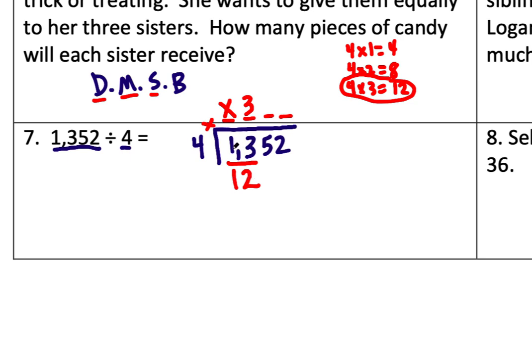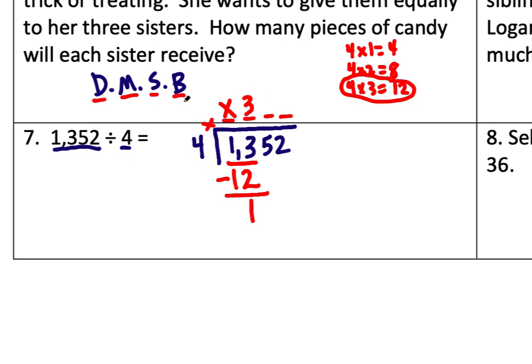And I know this is 1,300, but we're just pretending like it's a 13. So we're basically subtracting the thousands place and the hundreds place. So when we subtract that, we get 13 minus 12 is just 1. And anytime you subtract, you have to get a number that's less than your divisor, or you did not pick a big enough number right here. So 1 is less than 4, so it's a good number.